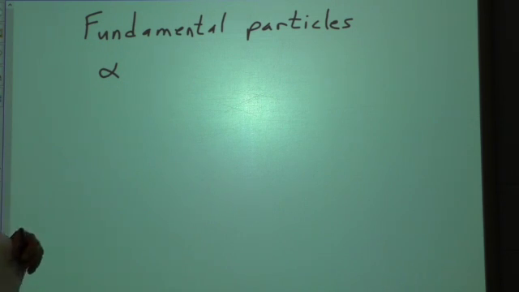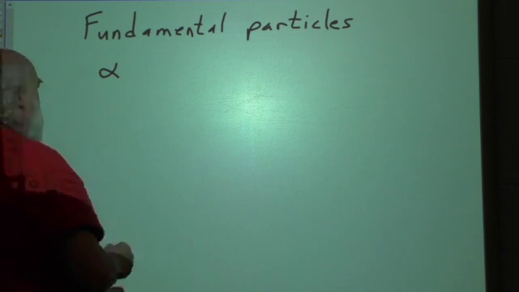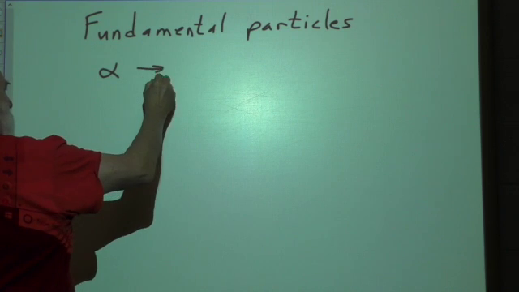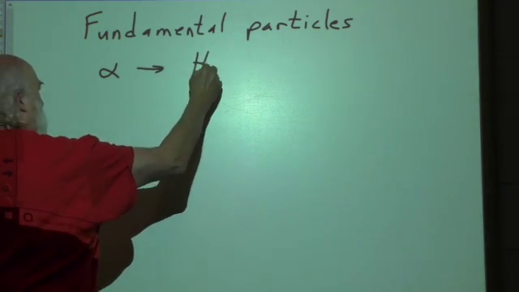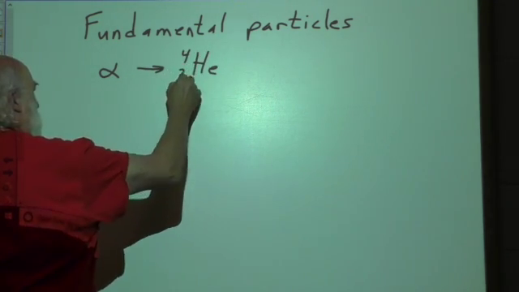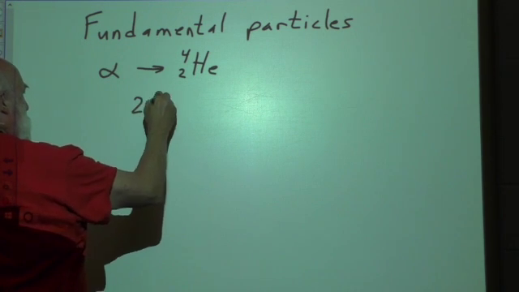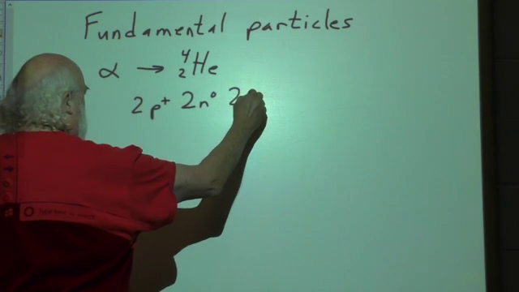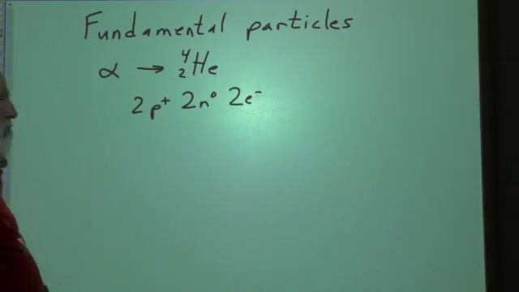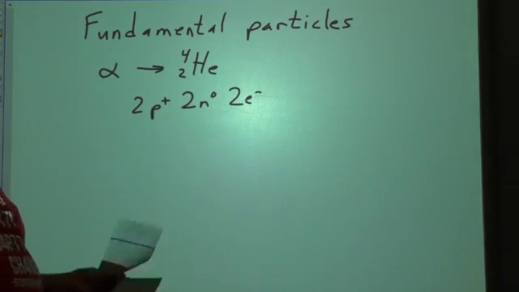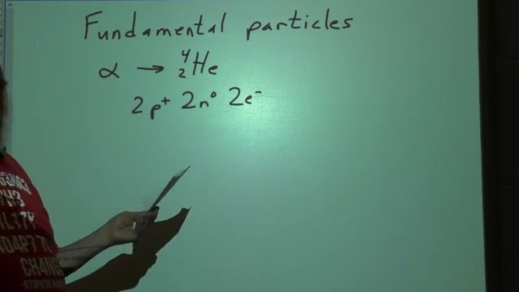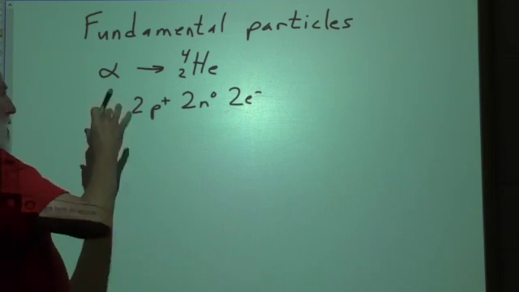the nucleus more stable. The alpha particle, and this is the Greek letter alpha, is actually a nucleus of helium. Now, helium normally has 2 protons, 2 neutrons, and 2 electrons. When I say helium, I'm talking about helium-4. Now, there's helium-3 and there's helium-5. Helium-4 is the stable one.